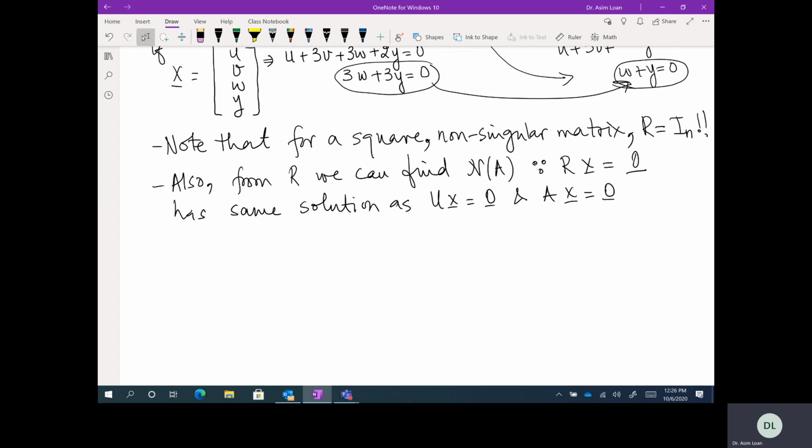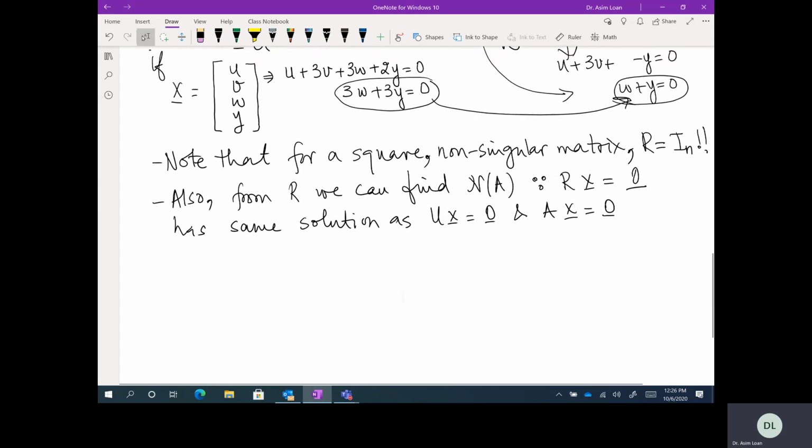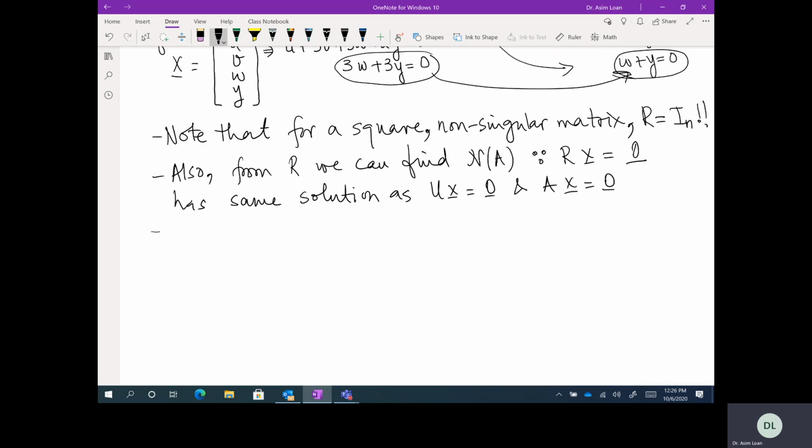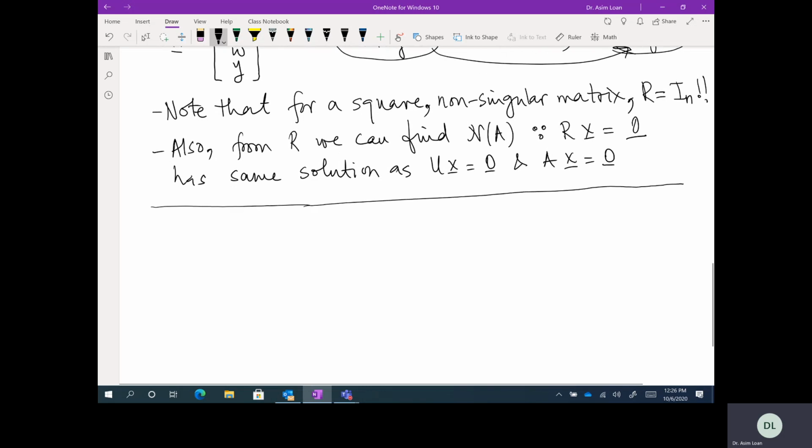Okay, so let's see how we figure out the pivot variables and the free variables. Actually, we have already done this before, so it's just a reiteration of what we did in the last lecture.